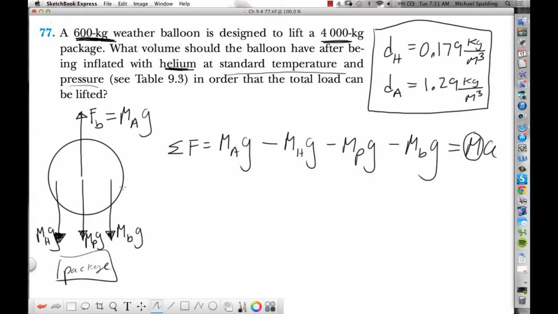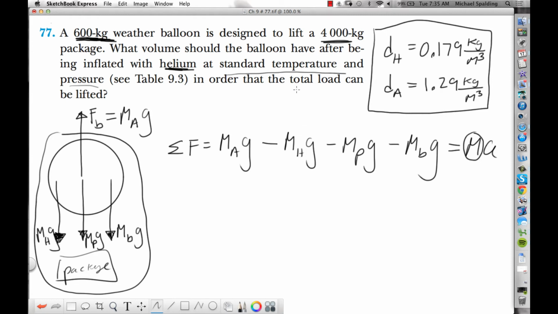It's pulling a package up, so you'd include the mass of the package there, right? This whole thing becomes one object because they're connected together. So you would do package, helium, balloon, everything. But is this balloon accelerating?